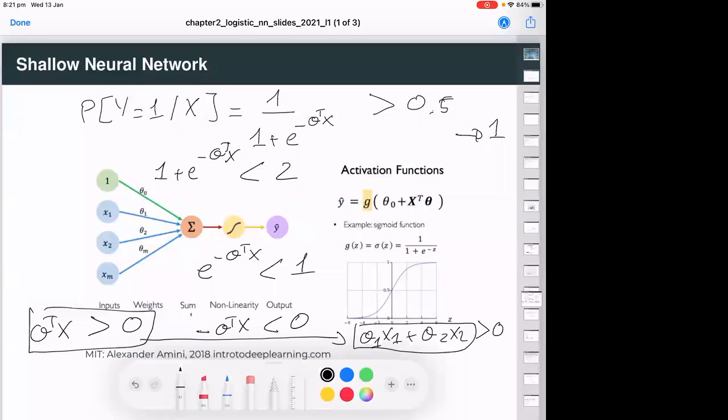So I'll keep going. In the same way as the linear model, the logistic model can be viewed as a shallow neural network. You have your features there. This is a nice picture, I like this. The sum symbol will give you the linear combination of each feature with some weight.